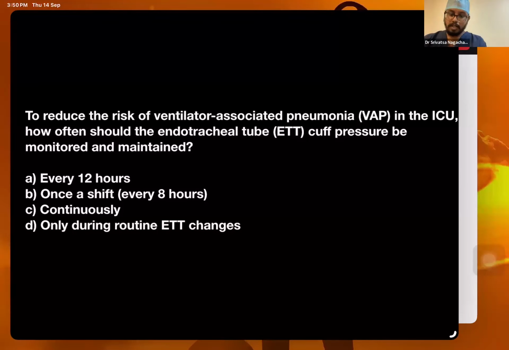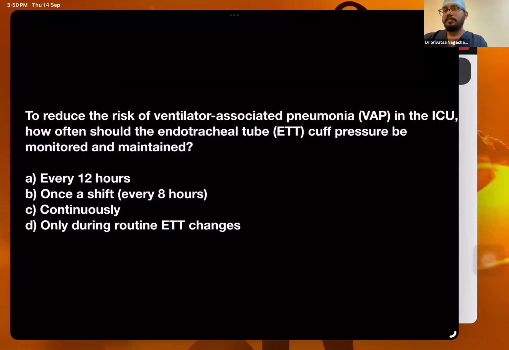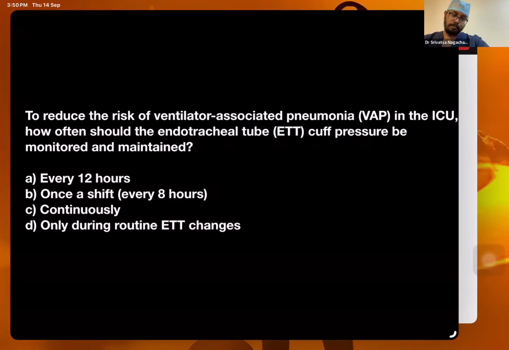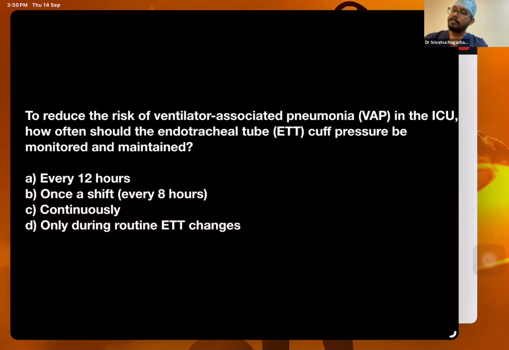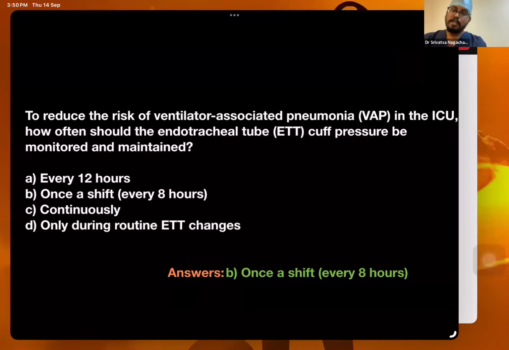This is the most simple and straightforward answer. Okay, time's up. So the answer is once in every shift. Ideally, the recommendation is to check it every 8 hours.